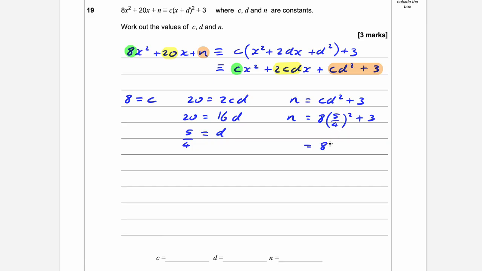So this is 8 times 25 over 16 plus 3. 8 into this goes once, into this twice. So I've got 25 over 2 plus 3, which is 25 over 2 plus 6 over 2, which is 31 over 2. Okay, so now I have it. C is 8, D is 5 over 4, and N is 31 over 2.